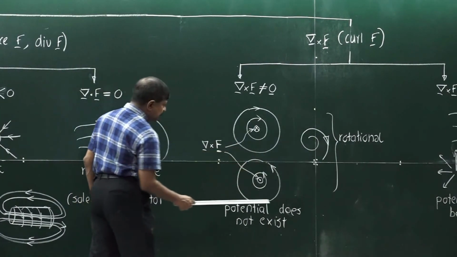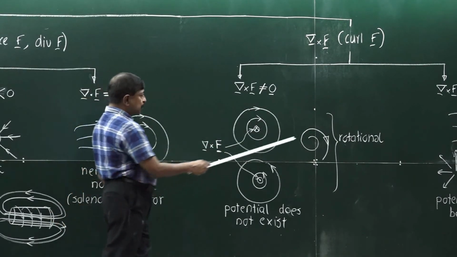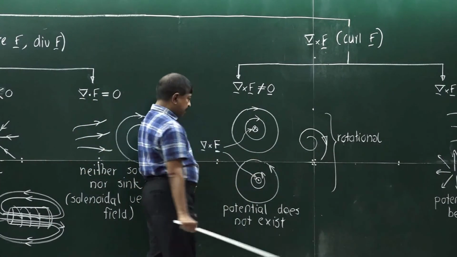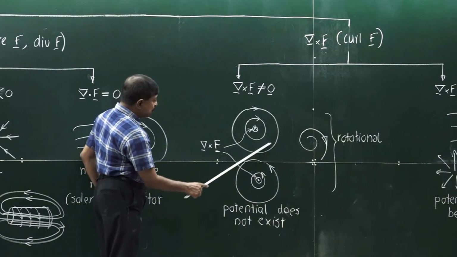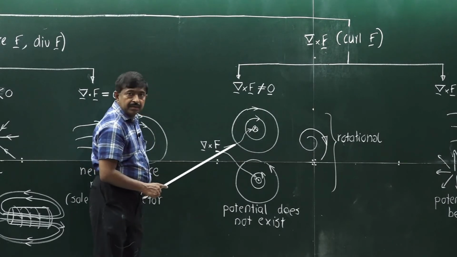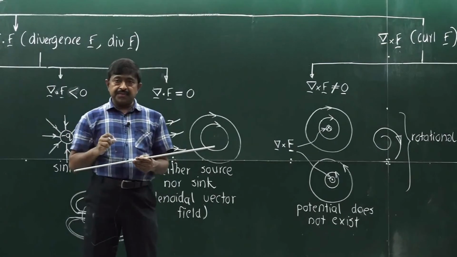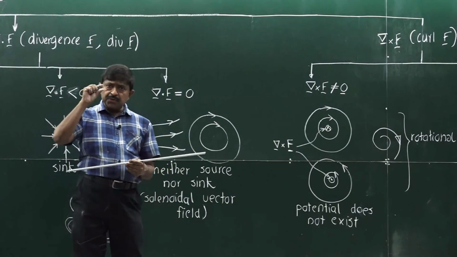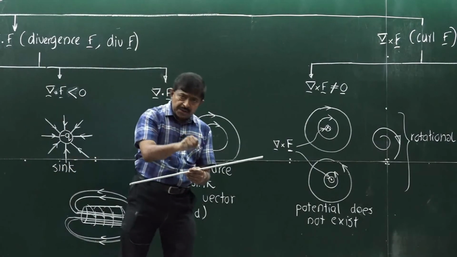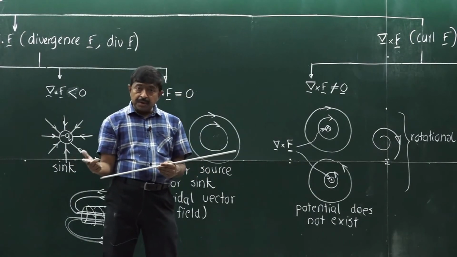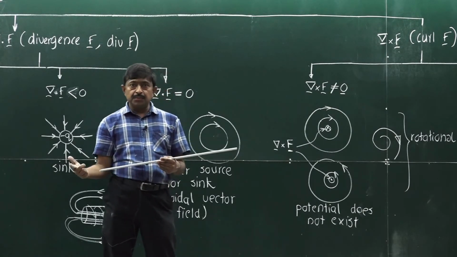Now, if you have any of these, some kind of a pattern in a vector field, we call it a rotational vector field. It is like a magnetic field, you know, in a magnetic field also you can have this type of pattern. Do you remember last time we discussed that in the case of a gravitational field you have a potential, in the case of an electric field you have a potential, but pertaining to a magnetic field you do not have a potential.